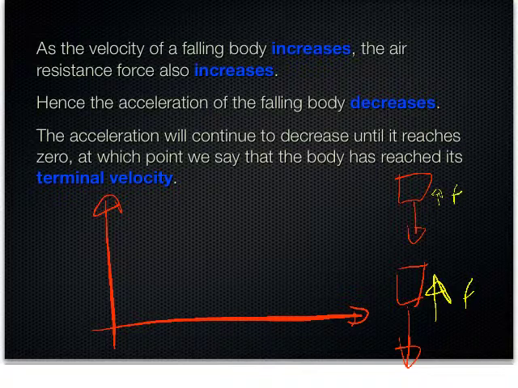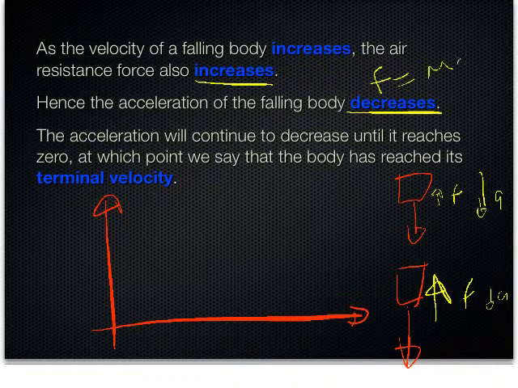And that actually means our acceleration will decrease, okay? Because the size of the force, the resultant force pushing down, gets smaller. So as the velocity of a falling body increases, the air resistance force also increases, hence the acceleration of the falling body decreases. Think of F equals ma.